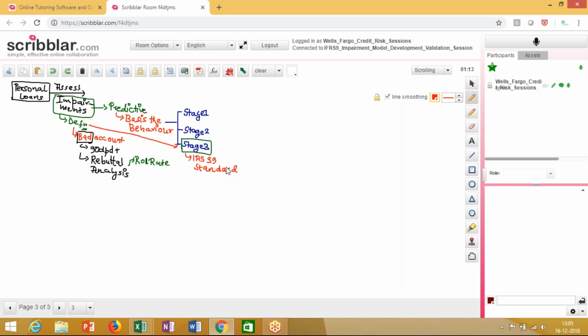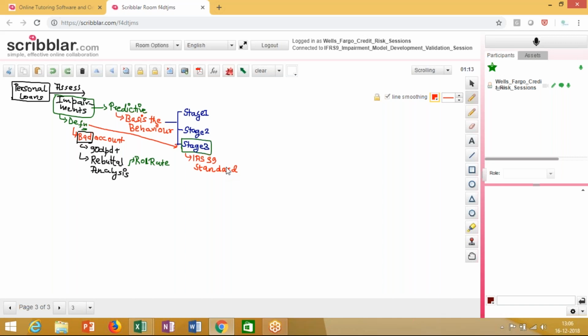Now the beauty of IFRS 9 comes out when an account moves from stage 1 to stage 2 to stage 3, right? That's where the entire romance of this regulation is involved. So let's say I am a borrower who has been given a personal loan, right? Once I have been given a personal loan, what would the bank start doing?